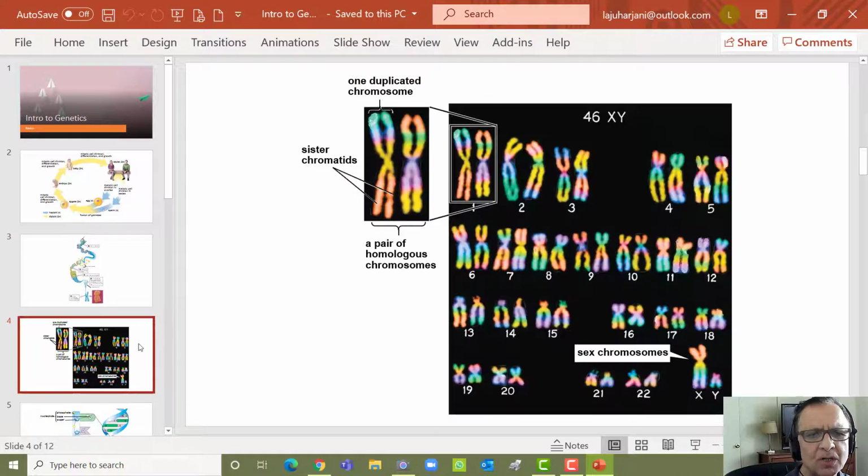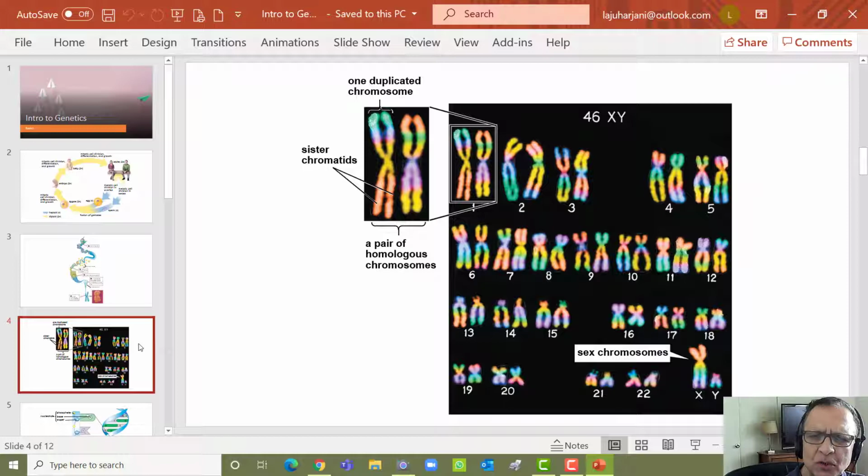So if you were to extract some cells from a person and put them under the microscope and process the white blood cells, you would end up getting a picture. You would take a photograph of those chromosomes that are arranged in a particular arrangement by size and length, and by looking at that, you'll see that they form 23 pairs of chromosomes.